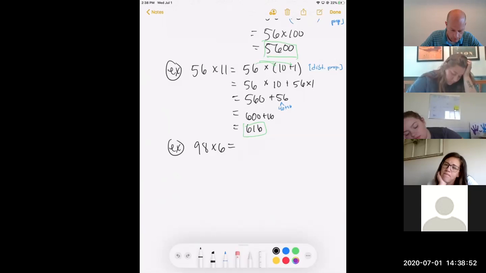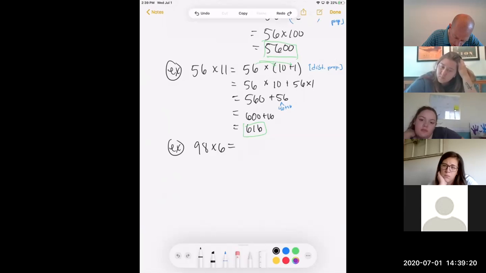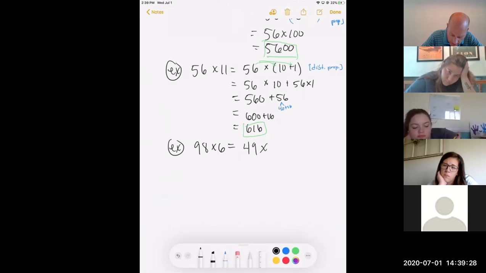Divide the 98 by 2. Okay, 98 divided by 2 is what? 49. Yeah, 49. So I have the 49 multiplied by 12 because the 6 has to be multiplied by 2. Now, is that easier?